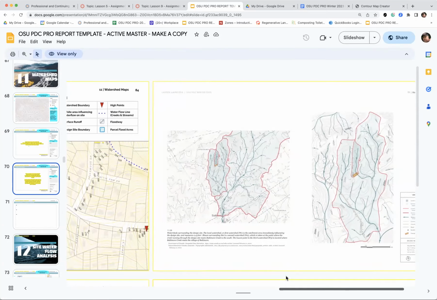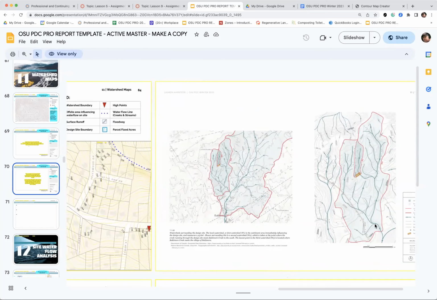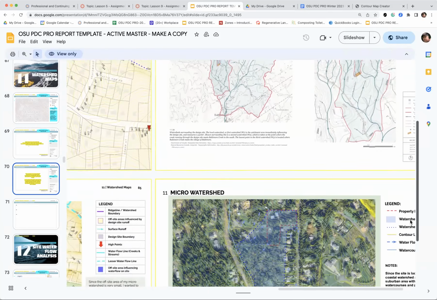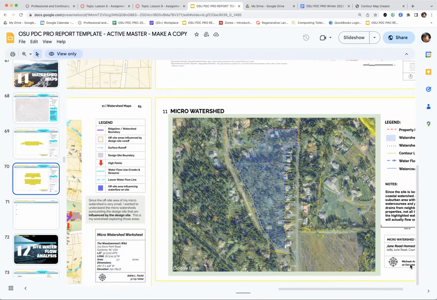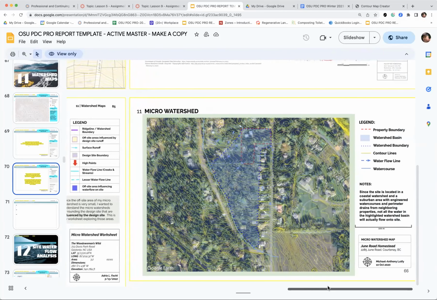Let me see if I can get slightly. There we go. There's another example. You'll find this one in the module section under student examples. Here is an acreage site. It's about 2.5 acres, 3 acres, I believe.